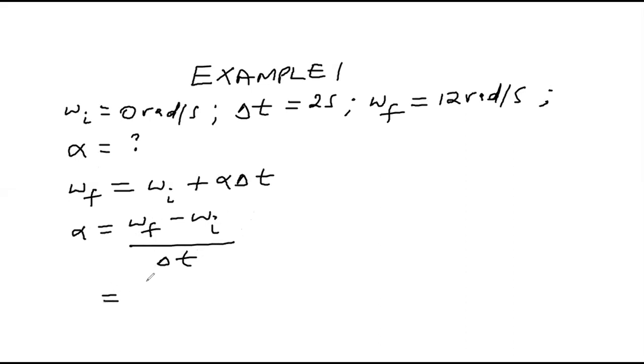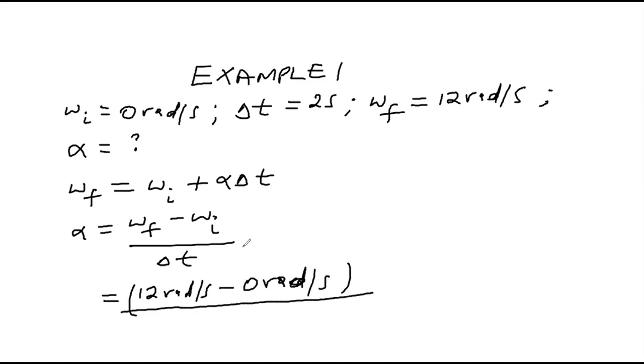Then the second step is to make substitution. Where there is the final angular velocity, we substitute 12 radians per second. It is very crucial to substitute the units so that you may see how they cancel each other. The initial angular velocity is 0 radians per second, all over the time, substitute 2 seconds.